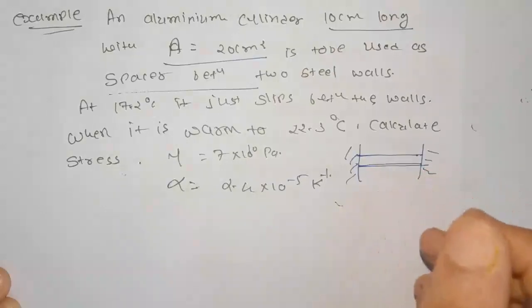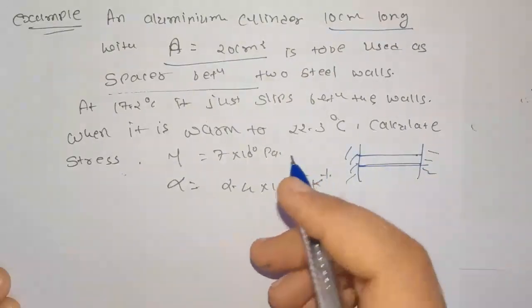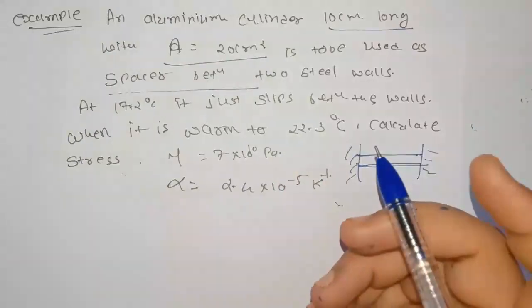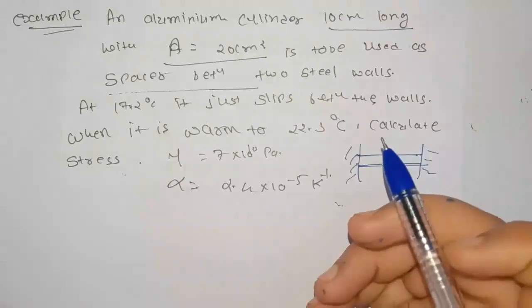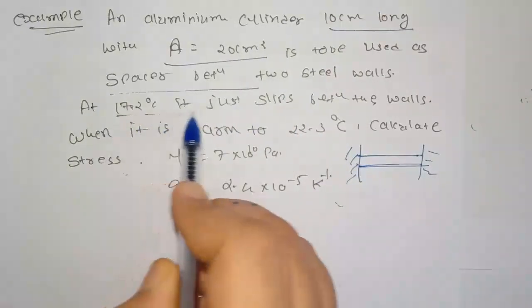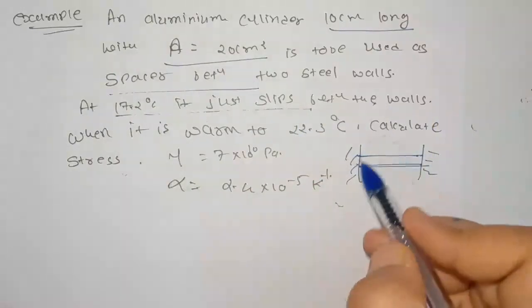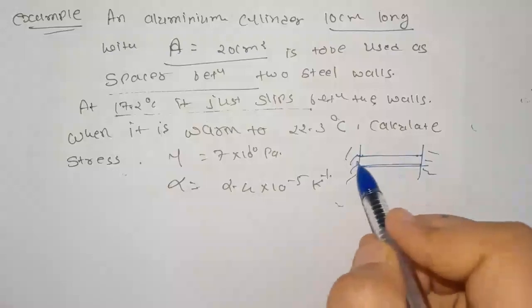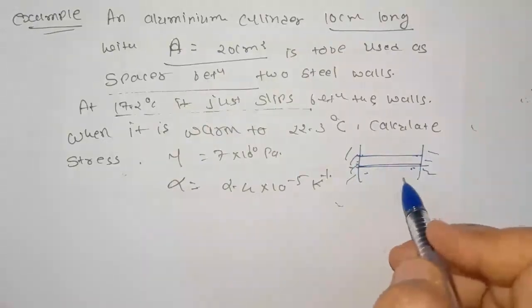When it warms to 22.3 degrees Celsius, we want to calculate the stress. Given at 17.2 degrees Celsius, it just slips between the walls. That means at 17.2 degrees Celsius, it can just fit between the two walls.